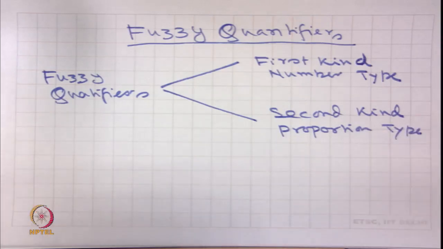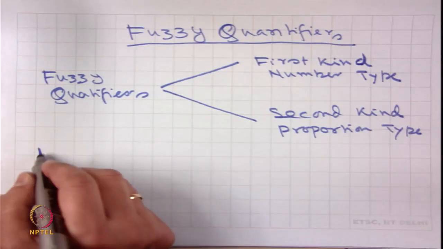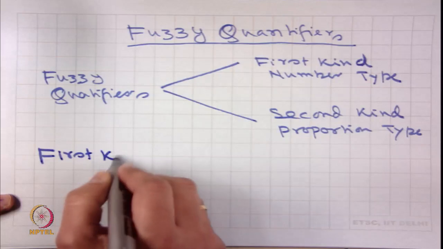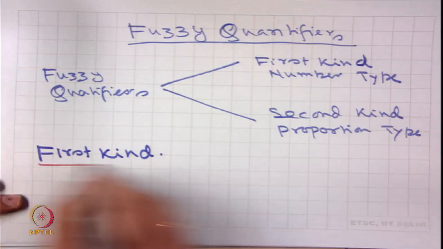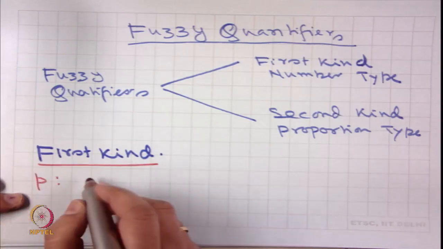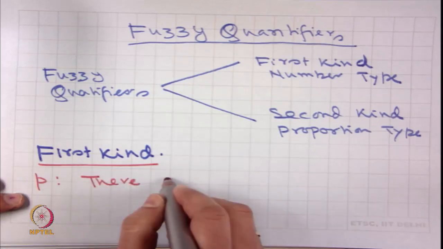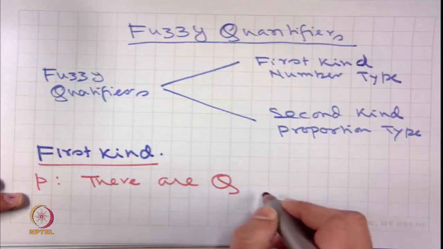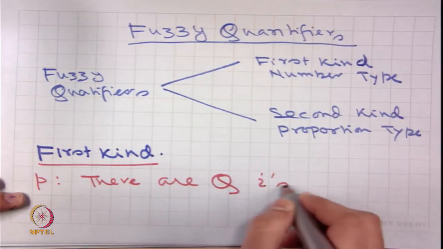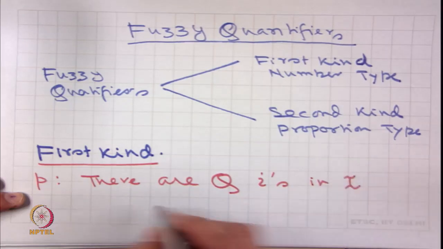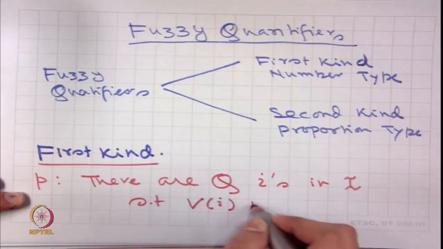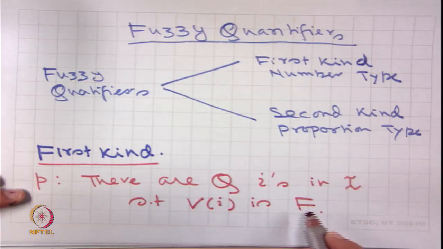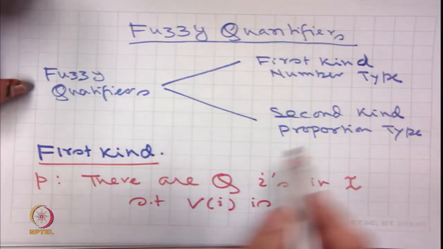And we were discussing the first kind, and we have looked at propositions such as there are Q i's in some set I such that Vi is F, where F is a fuzzy set and Q is a fuzzy quantifier of first kind.